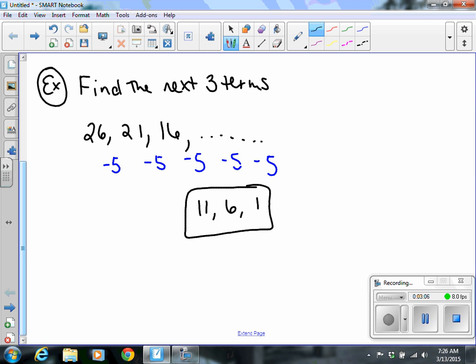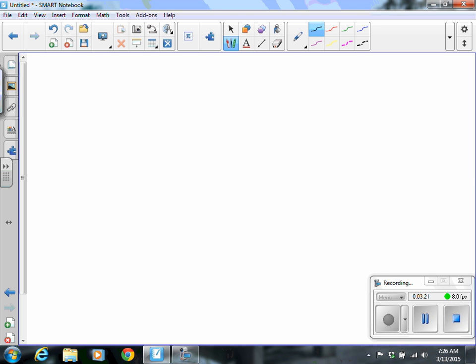Okay, so an arithmetic sequence sounds pretty scary, but actually when you get down to it, it's really not that bad. You don't have to worry about multiplying anything. It's either adding or subtracting a certain number. So for you guys, I want you to find just the next term. You don't have to find the next three.